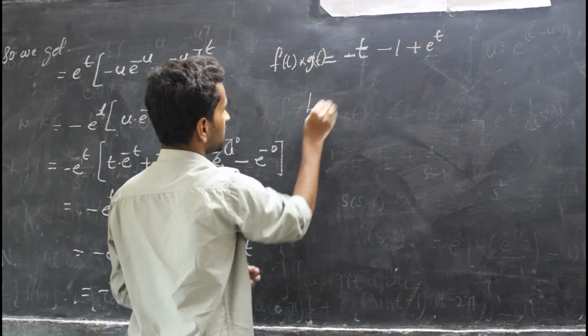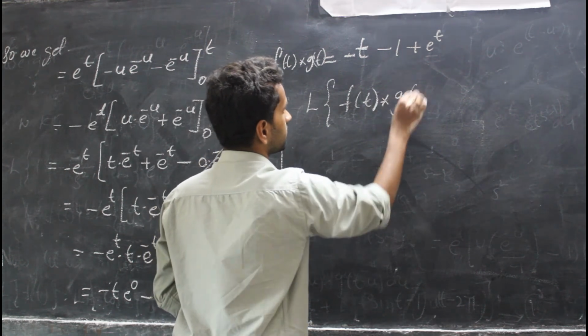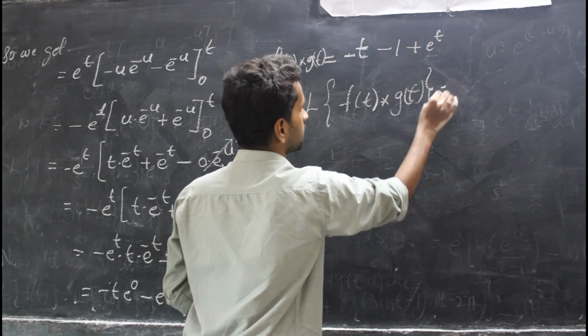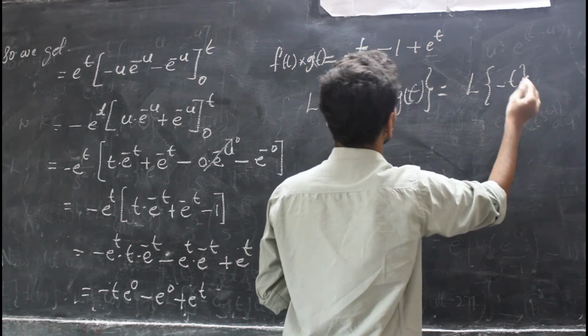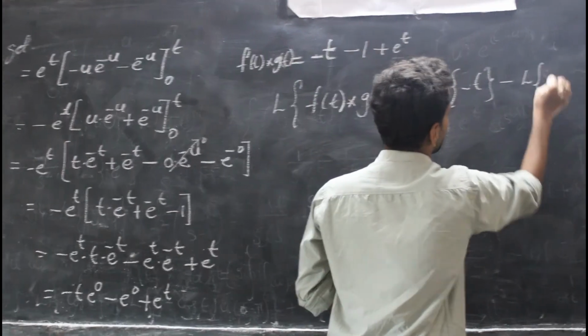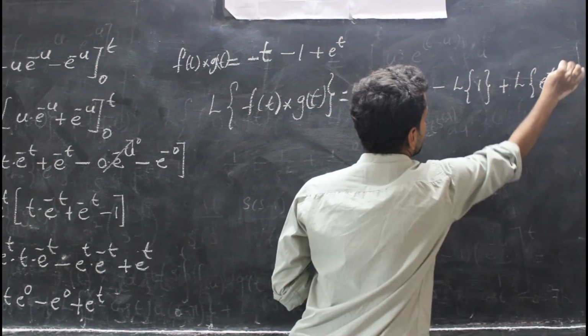Now I need to find the Laplace transform of f of t star g of t. Apply the Laplace transform of minus t minus Laplace transform of 1 plus Laplace transform of e to the power of t.